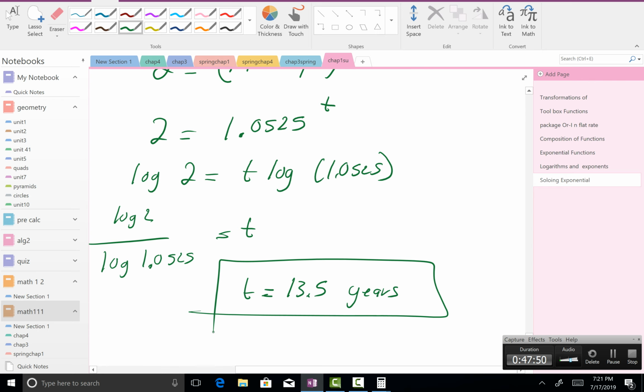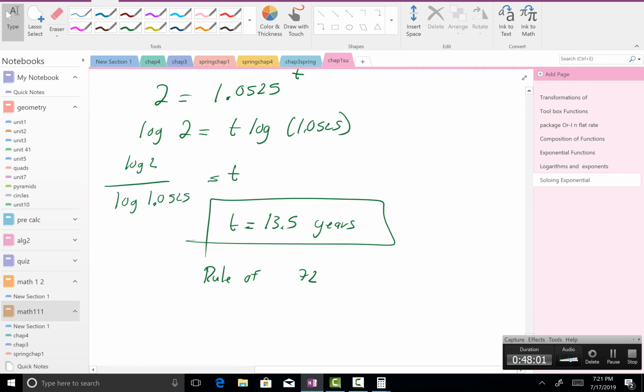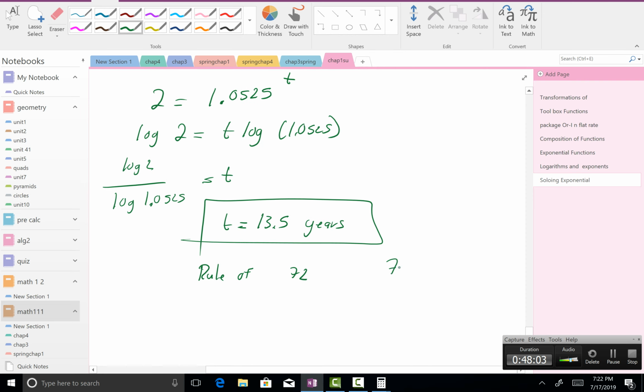Now, what's interesting is there's something called the rule of 72, which basically says if you take 72 and divide it by the interest rate, which was 5.25, that will approximate how long it takes for something to double. It's just an approximation.